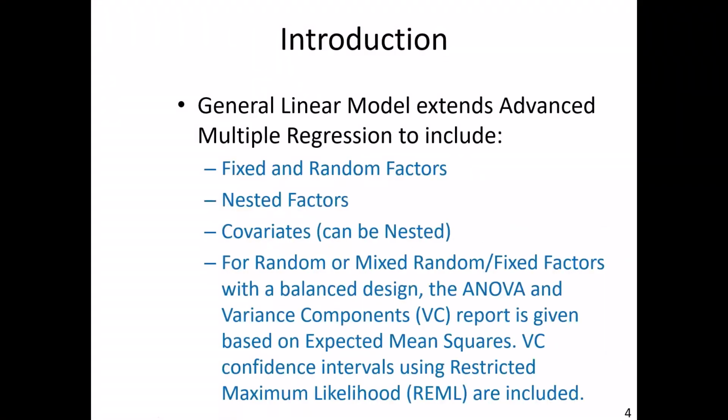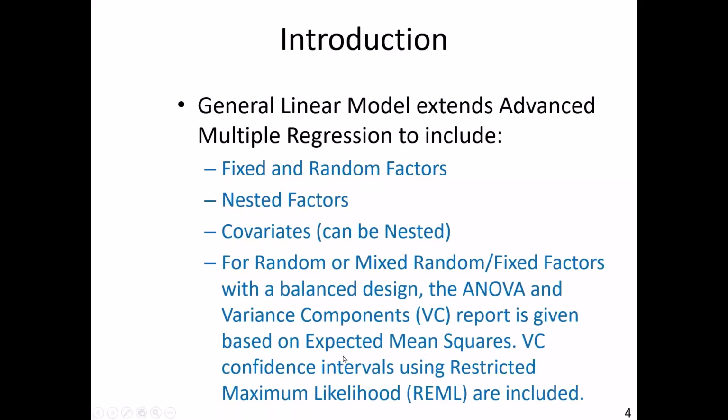General linear model extends the advanced multiple regression so that you have support for fixed and random factors. We'll talk about what the difference is in a minute. Nested factors, covariates, and if you do have a random factor, or mixed random and fixed, and the design is balanced, you will get a variance components report.